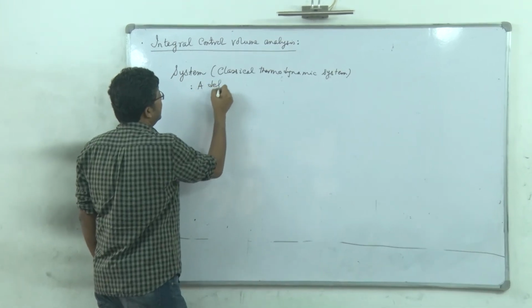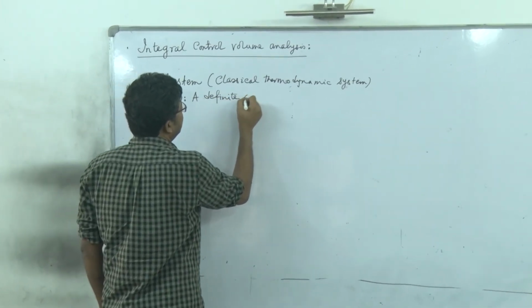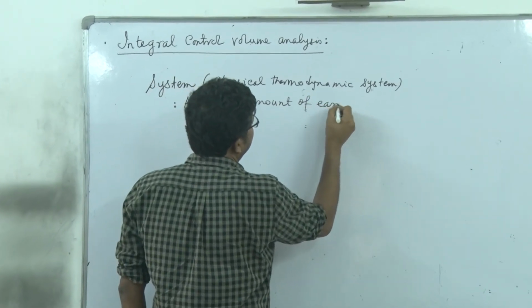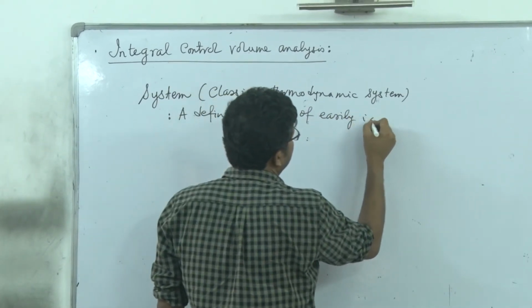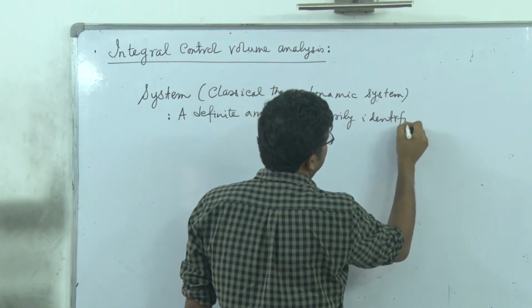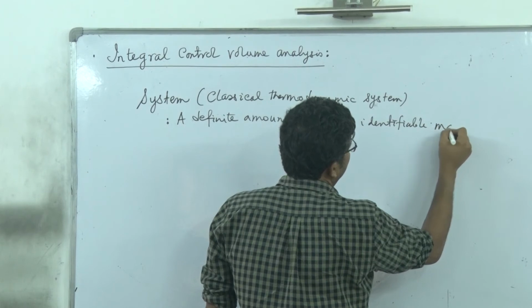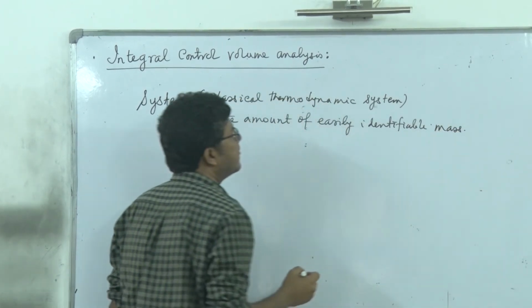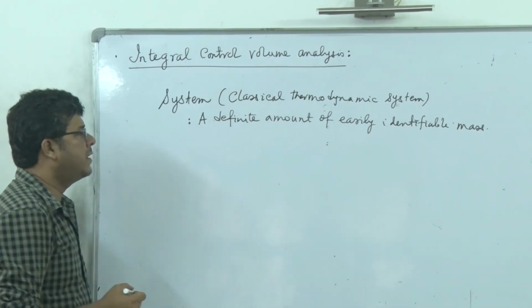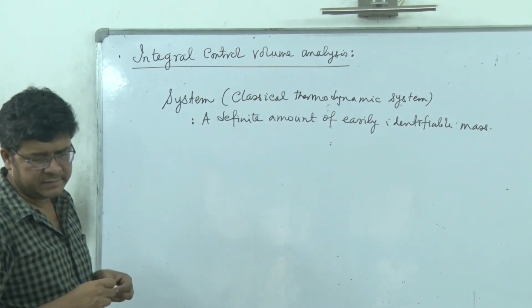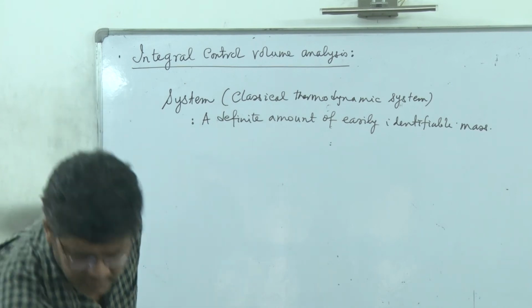A definite amount of easily identifiable mass. A definite amount of easily identifiable or detectable mass, right?